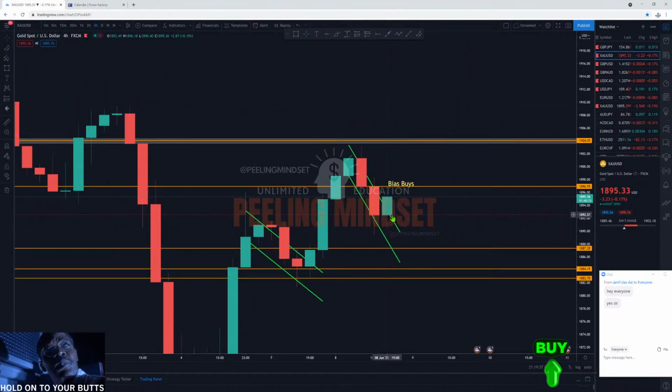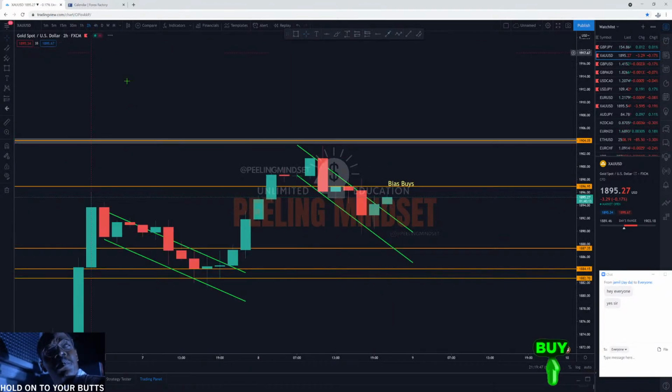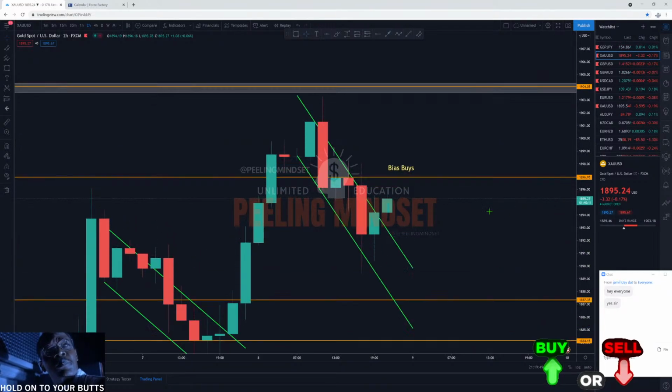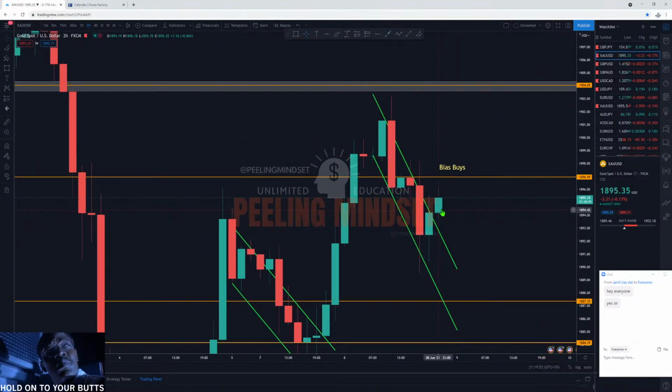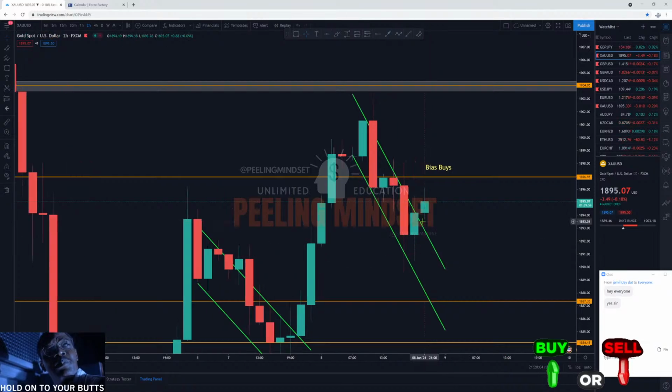For now, the 4-hour is still bullish. If there's any sort of sell coming in, this 4-hour candle has to first flip bearish. Looking at the 2-hour candles in gold, the current 2-hour candle is still bullish, close to that 2-hour resistance. So a safer buying position, or a safer confident setup, would be above 1896.